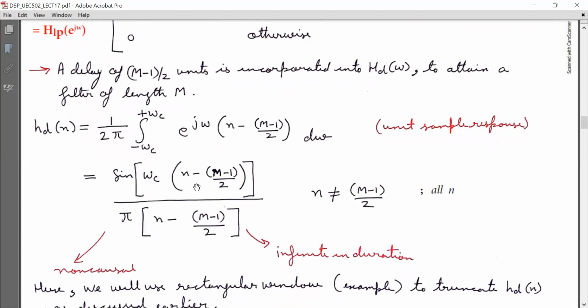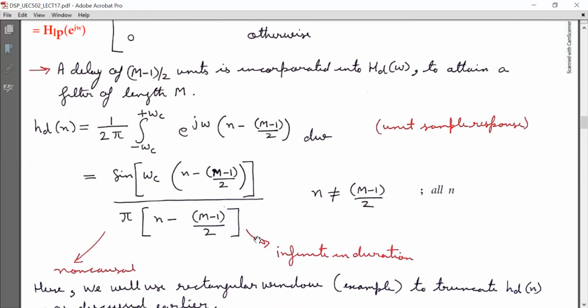Looking at this formula, I can observe that though I have delayed it, it is still non-causal and of infinite duration. So to make it causal and of finite duration, I need to use a window function to truncate h_D(n).